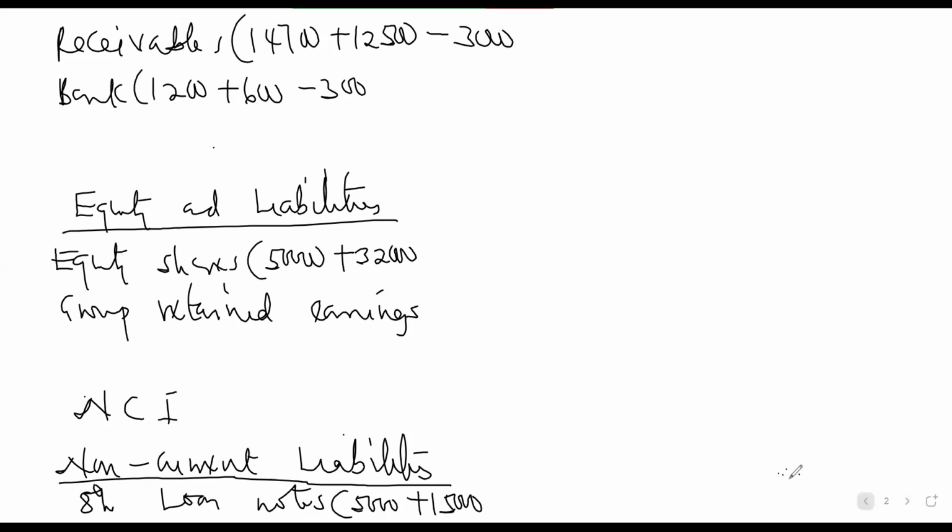NCI will be workings 4, that will be 9430. The parent, this one will be 82,000.